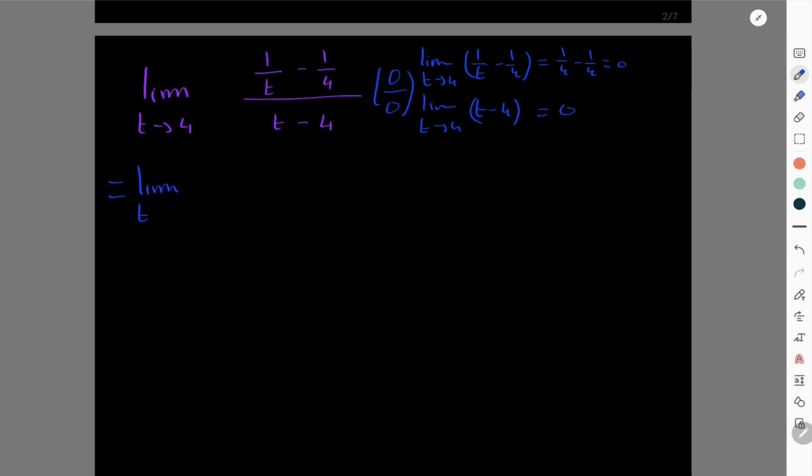The first thing we can do is really rearrange the numerator. The numerator itself is a difference of two fractions, so we can just write it in a nicer way by figuring out that 4t is the common denominator.